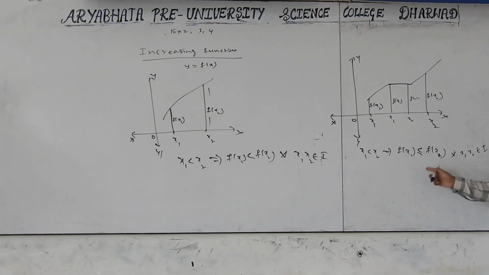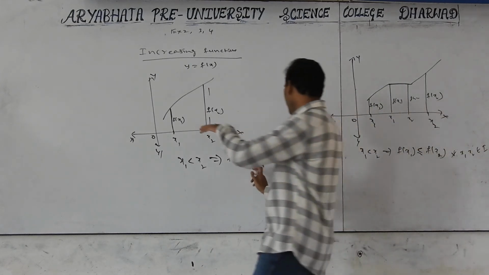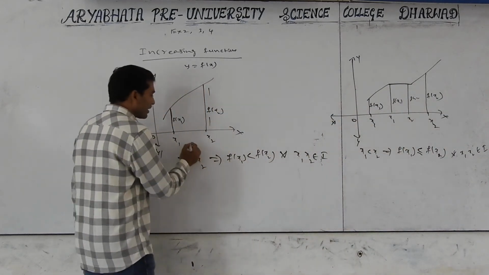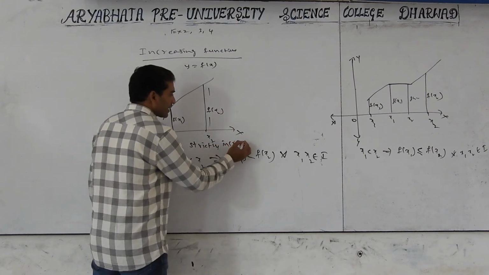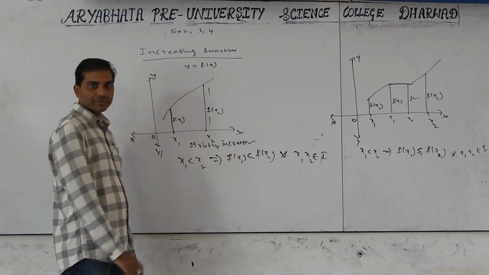This is called increasing. Here no equal. This is called a strictly increasing function. Are you following?